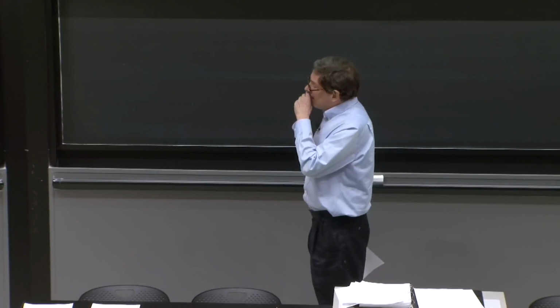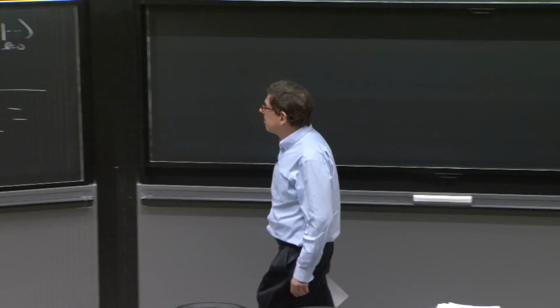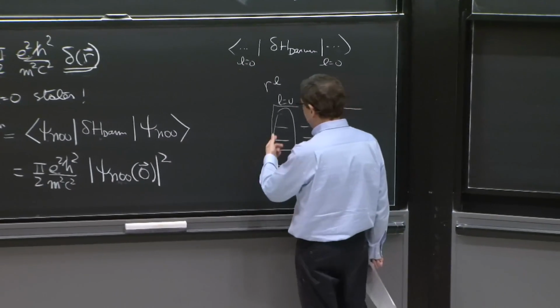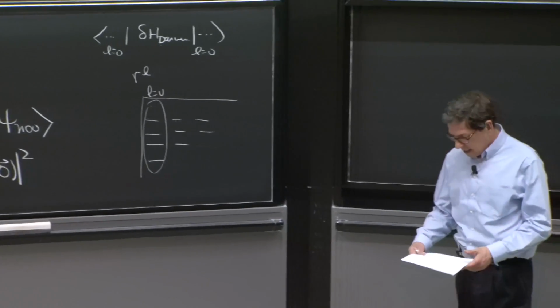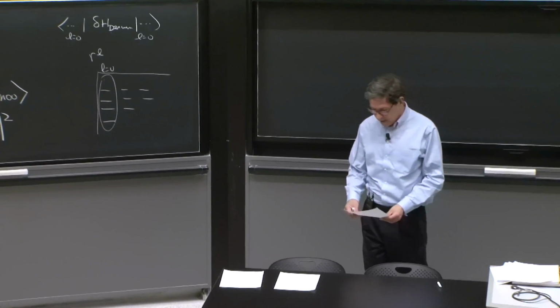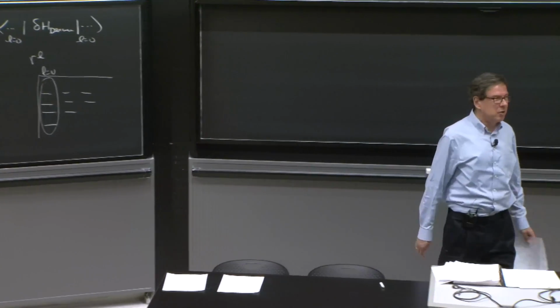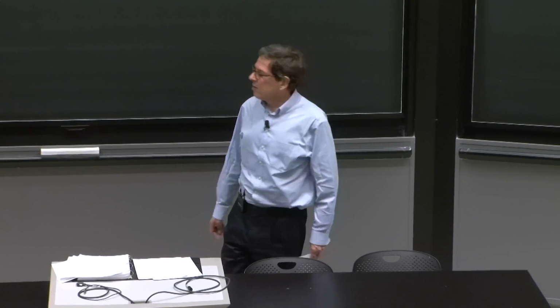And finding this normalization is complicated. You could, for a few problems, maybe look up tables and see the normalized wave function, what it is. But in general, there is a method that can be used to find this normalization analytically. And it's something you will explore in the homework.